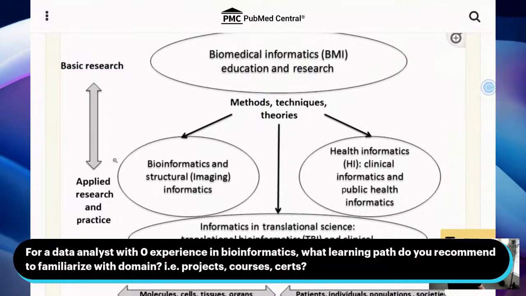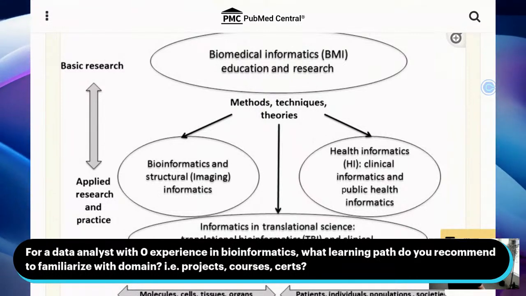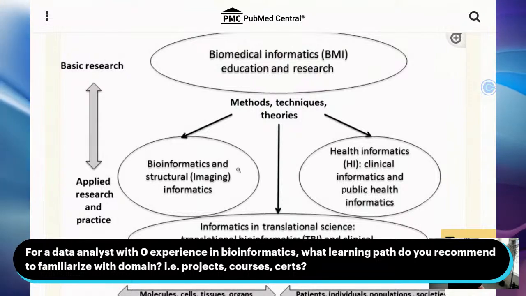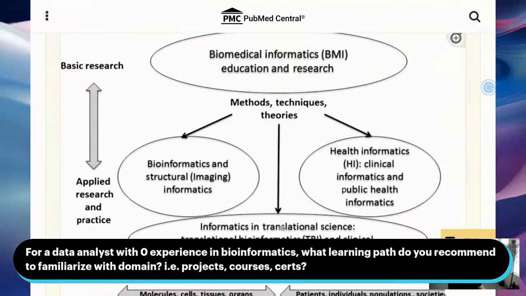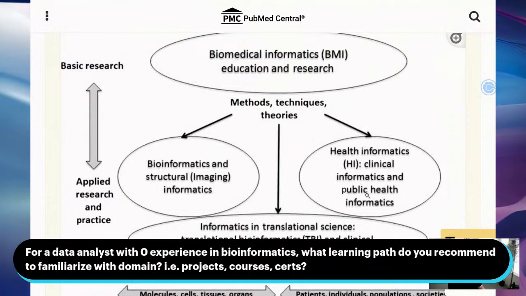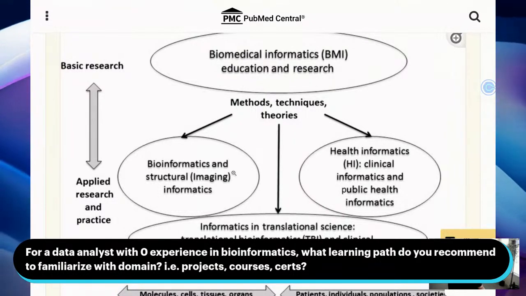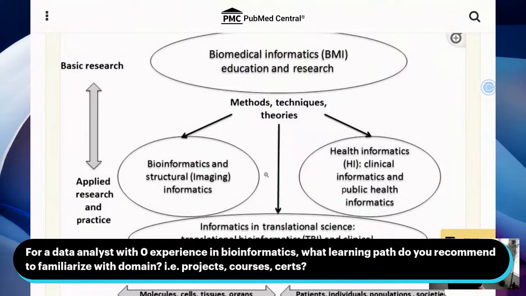Here, there's bioinformatics, and I don't know if this is the same bioinformatics you're talking about. There's imaging informatics. There's clinical informatics and translational science. There's health informatics, which includes clinical informatics and public health informatics.